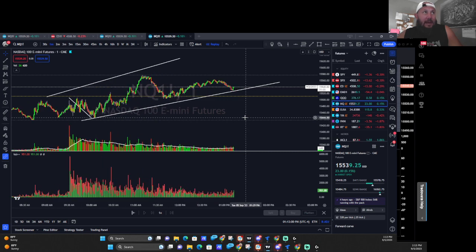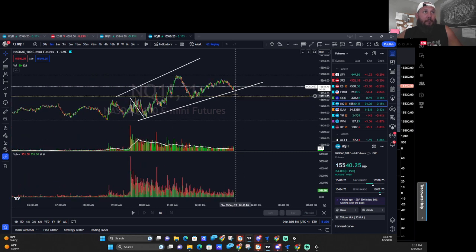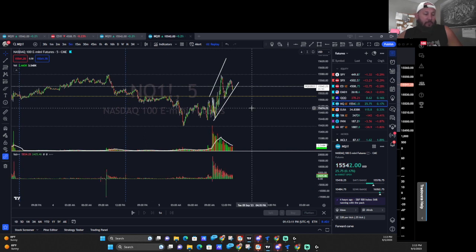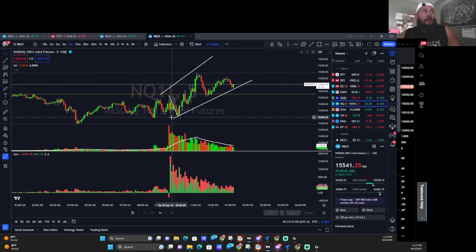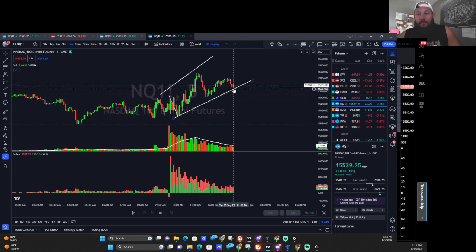Now, what I said has to happen is it has to break through this line, and then you're going to have a couple candle closes. Not on the 1 minute, but you're going to have to see it on the 5 minute. But you'll also notice that this line right here is going to be an area of resistance, right?